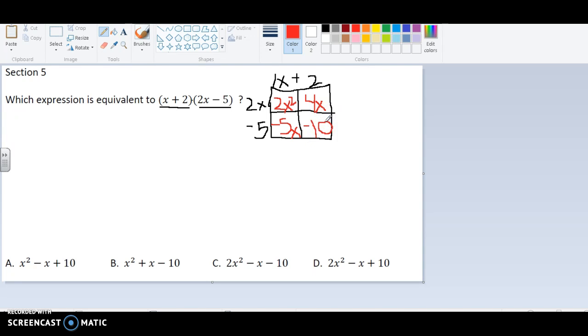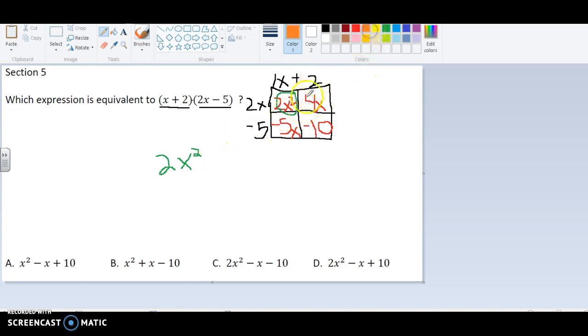All right, and then you just look for your like terms. So I see I've got a 2x squared. I don't see any other x squared terms, so you pull that out. So 2x squared.